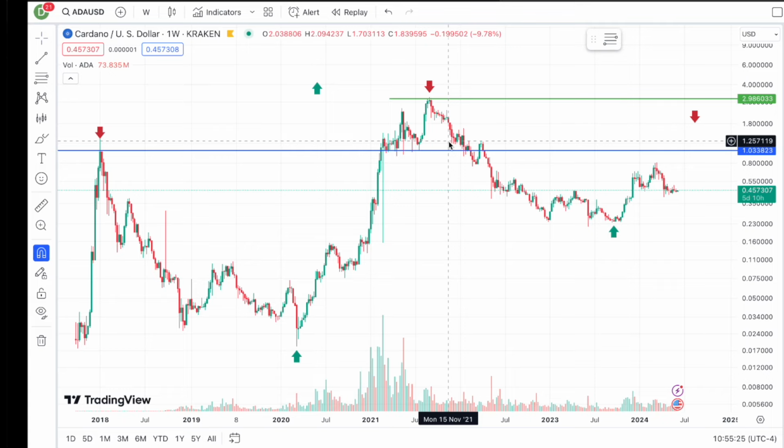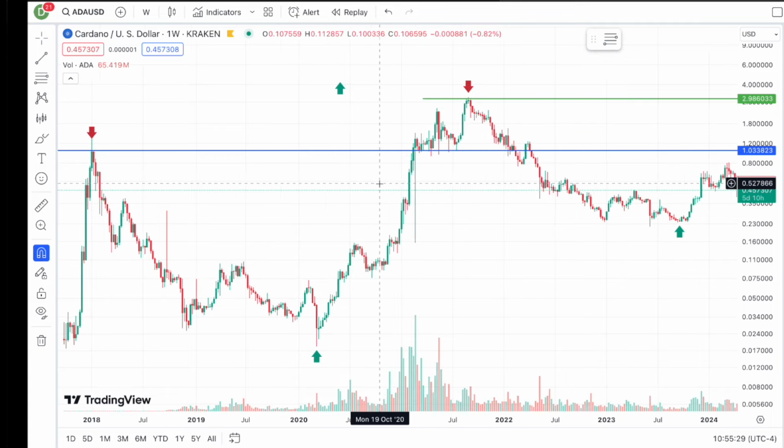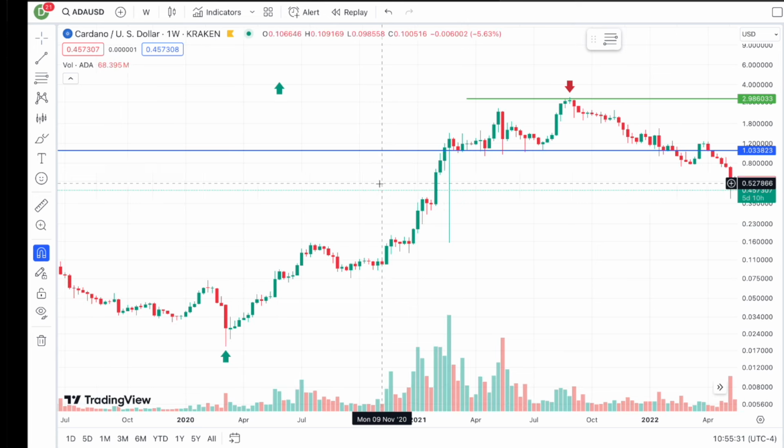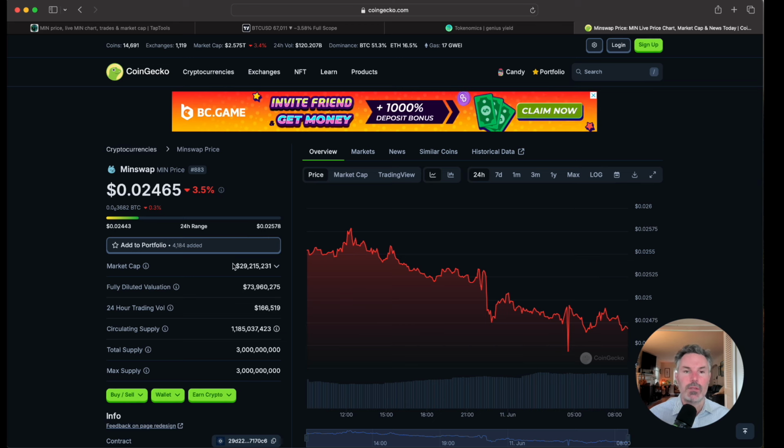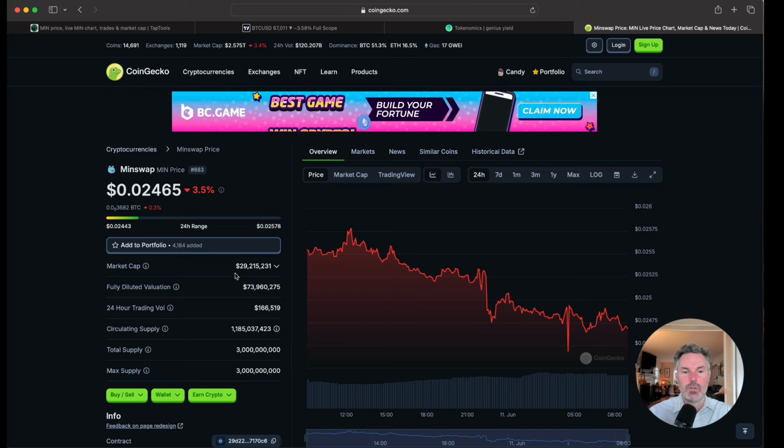But in a bull market, if you look back in history, there are literally weeks where market caps triple, quadruple, 10x, and then keep compounding. This is how projects grow thousands of percents in the upward direction, because a lot of money fuels into it. And so if the market cap of MinSwap goes to $60 million, the price is just going to double.